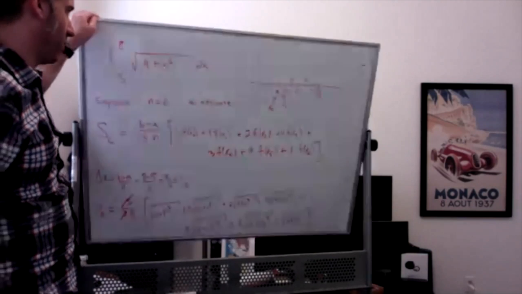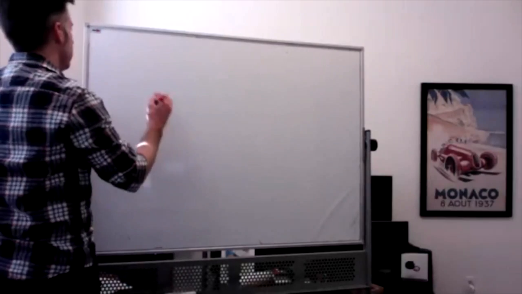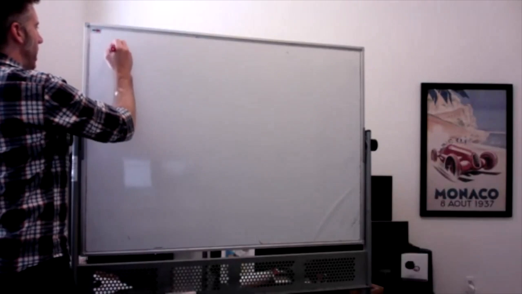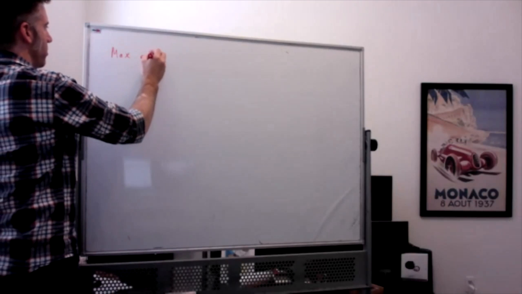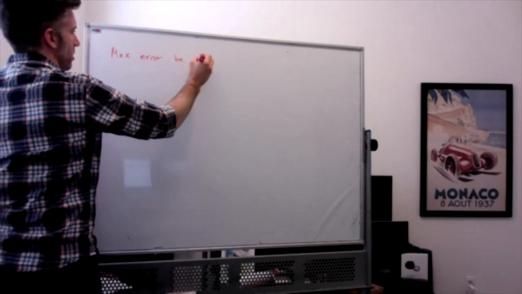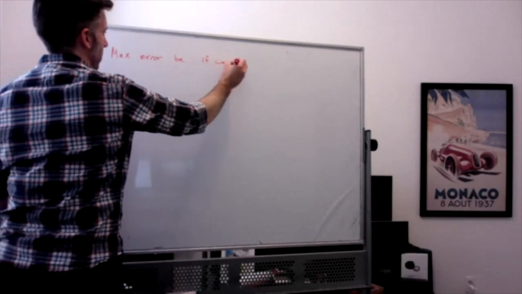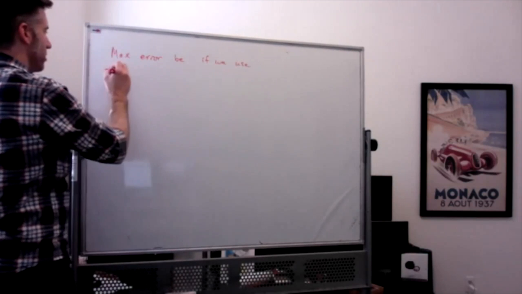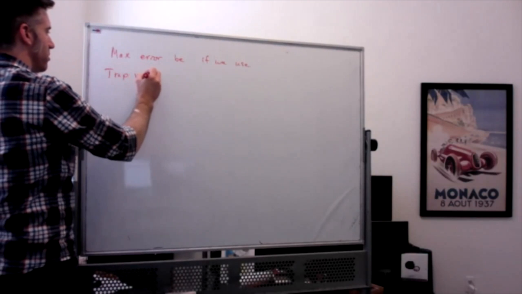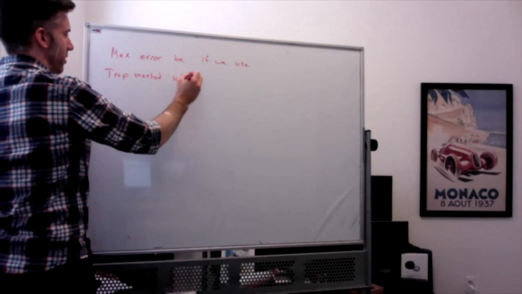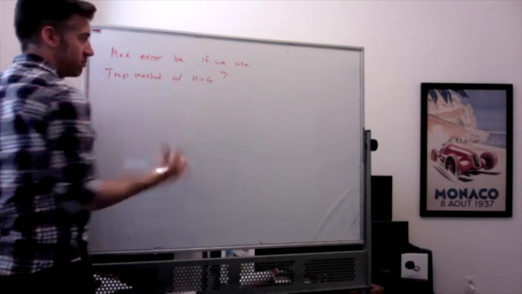Let's ask a slightly different question. What would the maximum error be if we use the trapezoid method with n equal to 6?